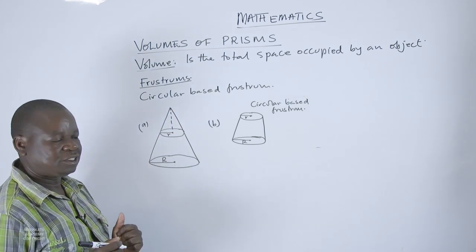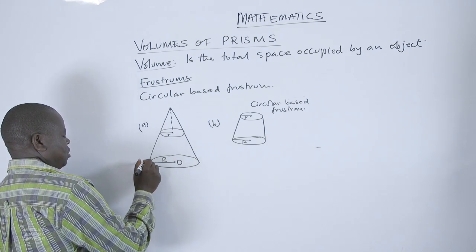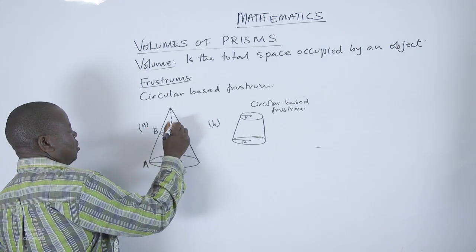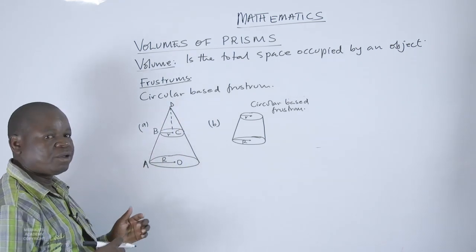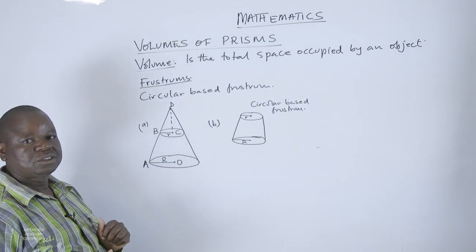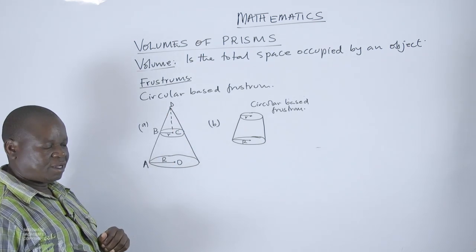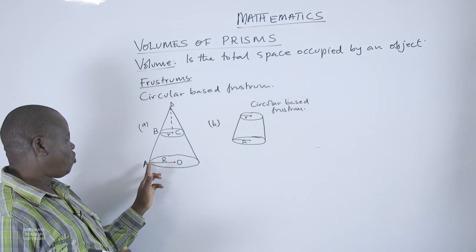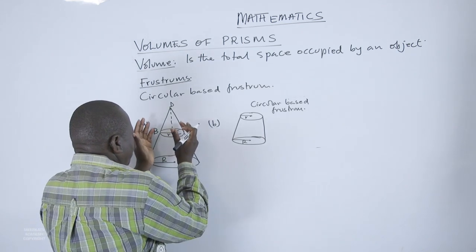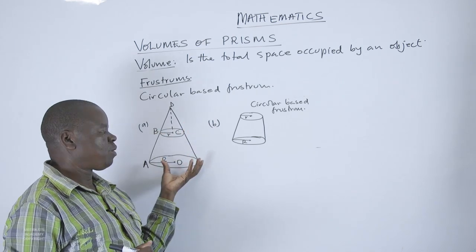So the smaller cone, I want to name it. The smaller cone has a base radius of r, so it is made of B, C, D, and the bigger cone is O, A, D. So we remove a smaller cone from the bigger cone.